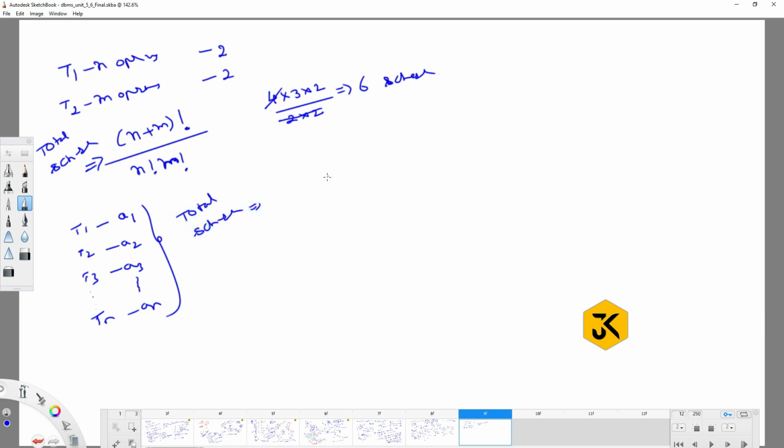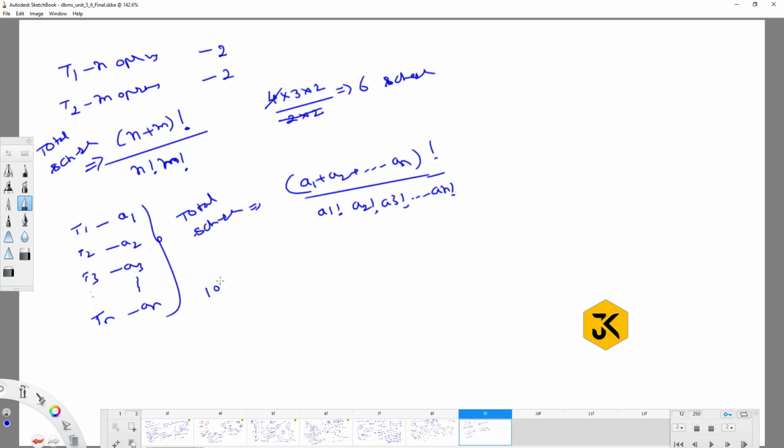Total schedules is (A1 plus A2 plus and so on, An) factorial by A1 factorial into A2 factorial into A3 factorial and so on, An factorial. This is the formula to calculate the total number of schedules possible on the given transactions' data items.